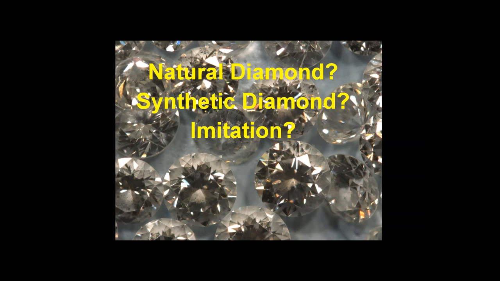So all these years we had terms like moissanite, cubic zirconia, American diamond. All these look like diamonds. They are stones that imitate a diamond, but they do not have the same physical, chemical, and optical properties as a natural counterpart. However, when we talk about synthetic diamonds or man-made diamonds or lab-grown diamonds, well, they do have the same physical, chemical, and optical properties as a natural diamond, which qualifies them to be called a diamond.